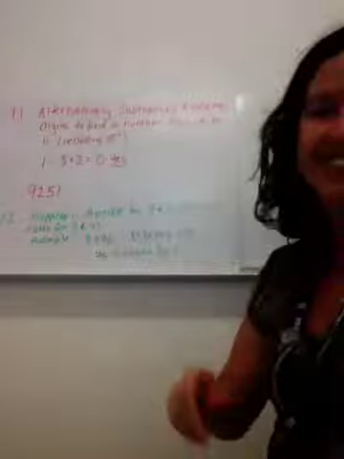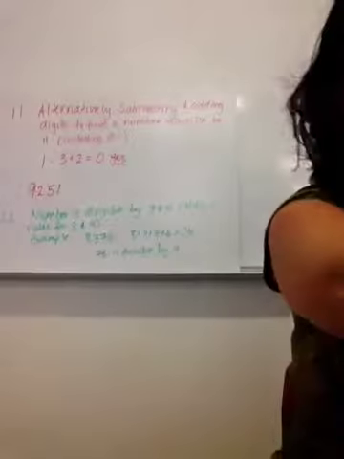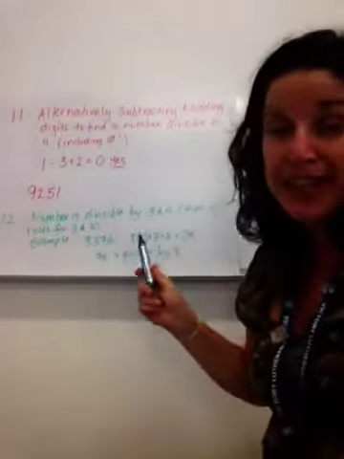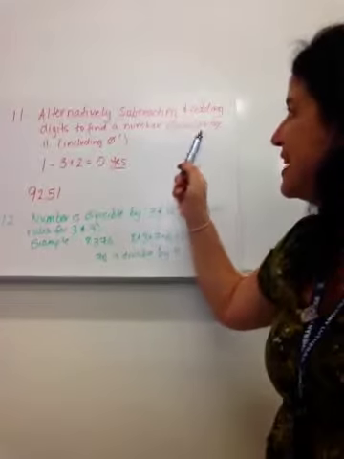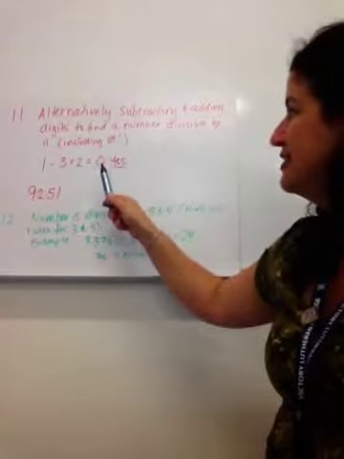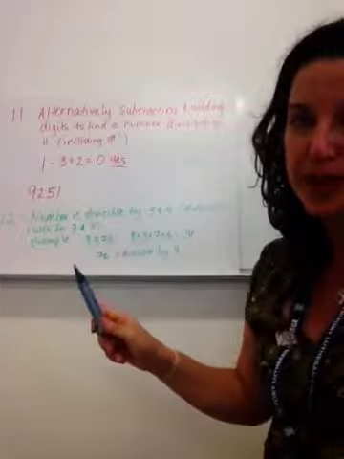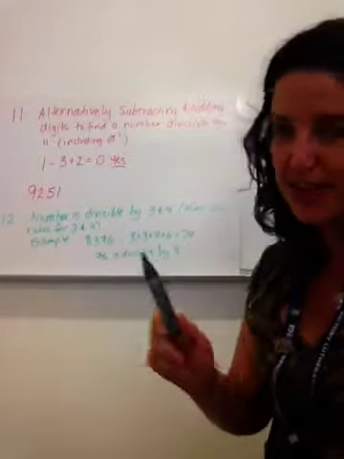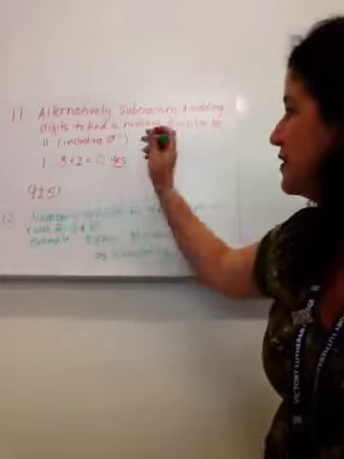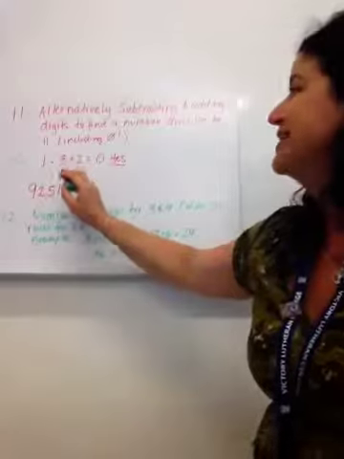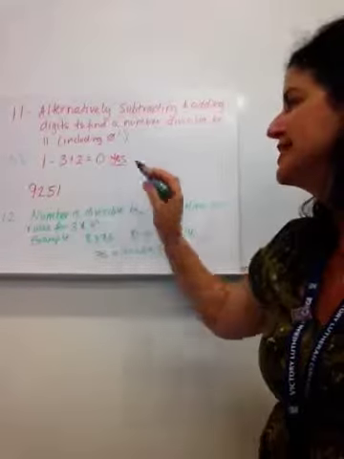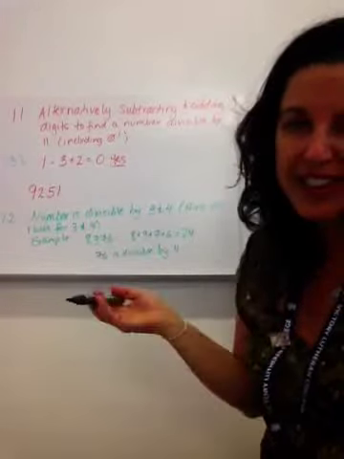Number 11. This one is pretty tricky, but you can give it a go. If you alternately subtract and then add all the digits together, and the number you come up with is divisible by 11, including 0, then it's divisible by 11. I think they worked pretty hard to find this rule. So for example, the number 132: 1 minus 3 plus 2 is 0, so yes, that's divisible by 11.